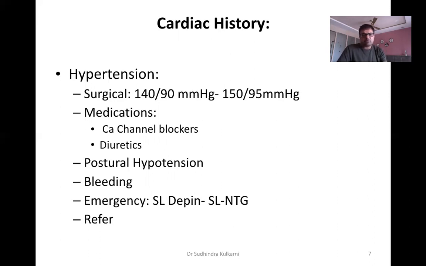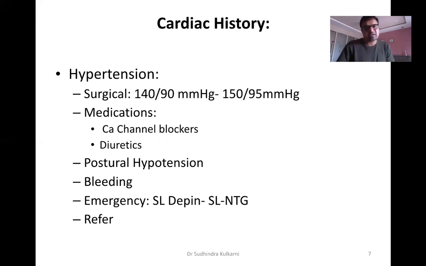If I'm planning a patient for a surgical procedure, then I don't want his or her blood pressure to be more than 140/90, or the maximum would be 150/95. If anyone is clocking more than this, then I would postpone the patient's intervention. So my limits for treating a patient with hypertension are between 120/80 and 150/95. Anything more than that is absolutely no.